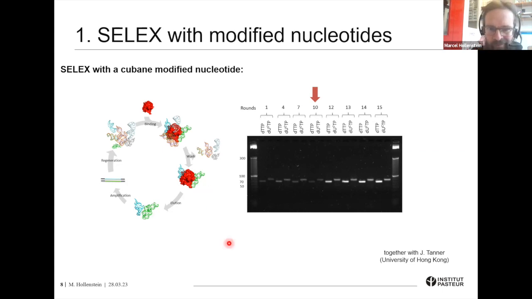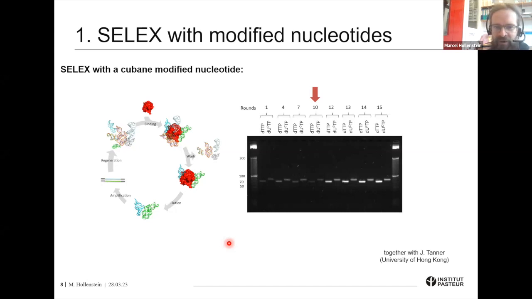Besides being an important biomarker, it is also a difficult target for aptamer selection, because there have been aptamers raised against the PvLDH, but they're not capable of distinguishing the LDH from P. vivax from the one from P. falciparum, because they share a 90% sequence homology.